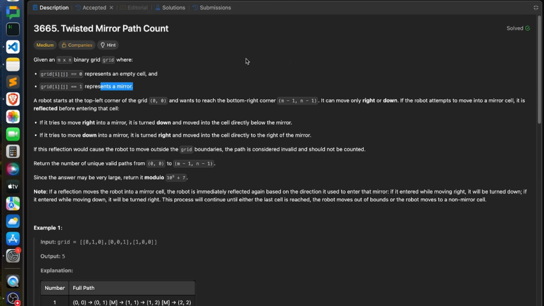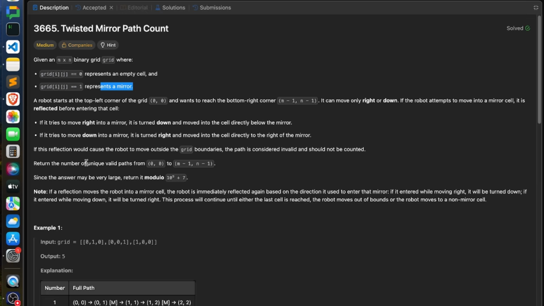So it is going right, but once it hits the mirror, it will move down. The second thing, if you are going down and you hit a mirror, you will move to the right. And if this reflection would cause the robot to move outside of the grid, this path is considered invalid.